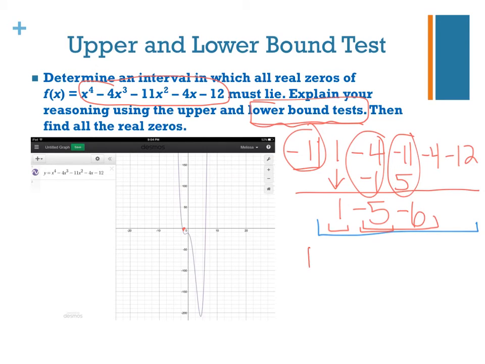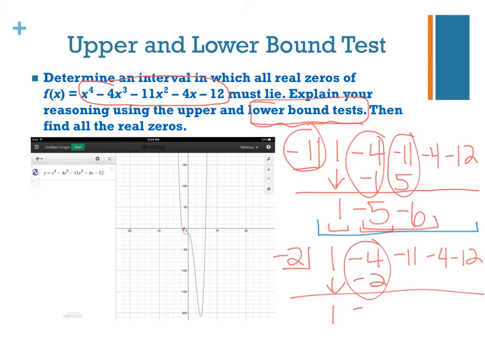So what I'm going to do is move to the next negative integer, -2. And if I test -2, I am going to have 1, -4, -11, -4, and -12, the same coefficients of that polynomial function, f of x. If I carry out synthetic division here, I get 1. 1 times -2 gives me -2.